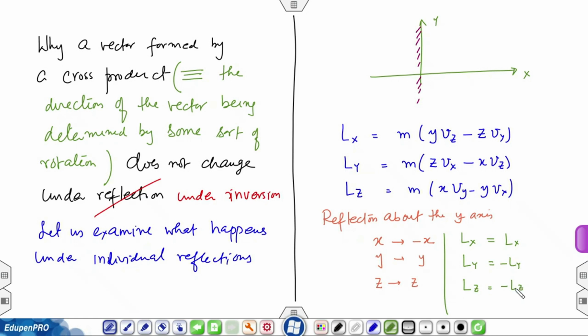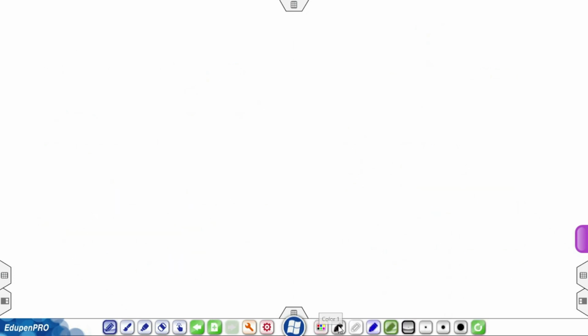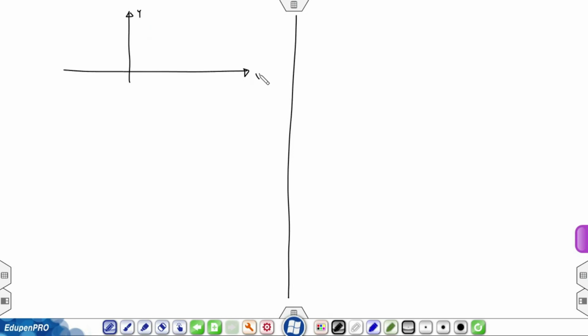So, let us see what happens when we do this reflection about the y axis. I had this coordinate system y, x, and I am reflecting about the y axis.